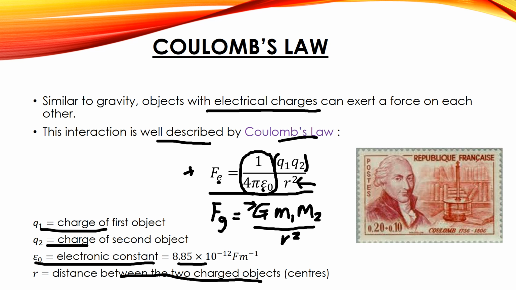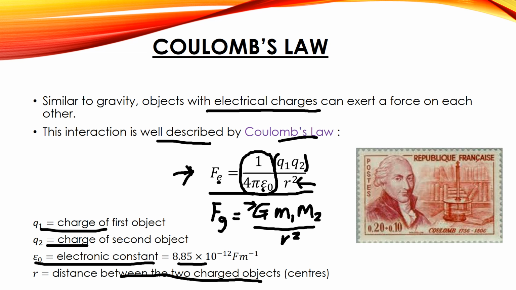M1, M2 refer to the magnitudes of mass in gravity, and R square here is the distance between them, center to center again. So Coulomb's law is directly proportional to the charge of both particles and inversely proportional to R square. Having said that, Coulomb's law obeys the inverse square law, pretty much the same as gravity.